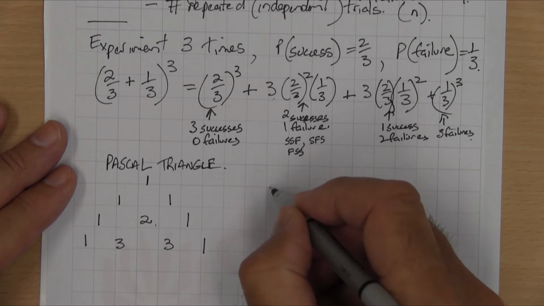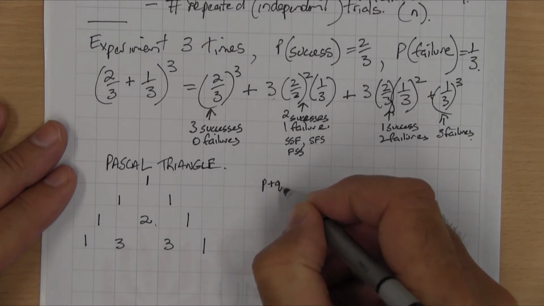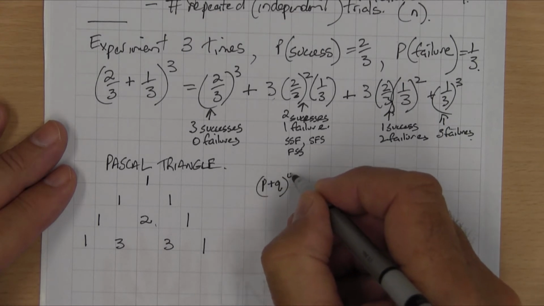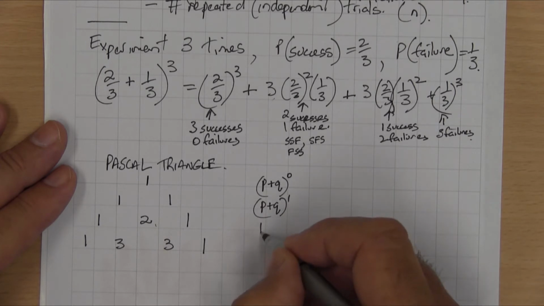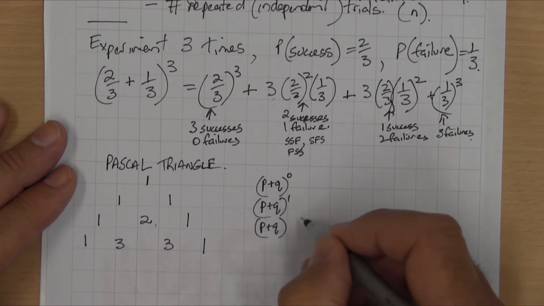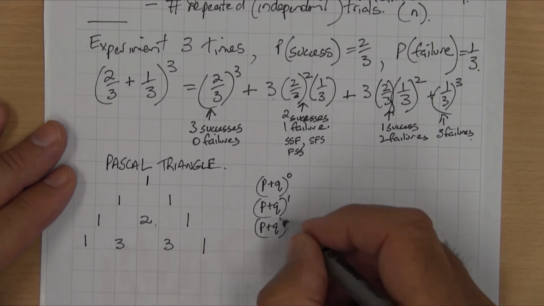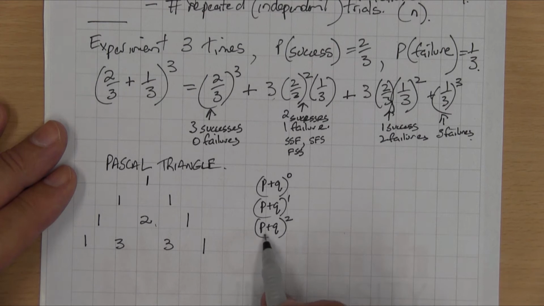So this will be P plus Q to the power of 0, P plus Q to the power of 1, P plus Q, we'll use the coefficients for that, to the power of 2. Now if you know your expansion here, this will be P squared plus 2PQ plus Q squared.